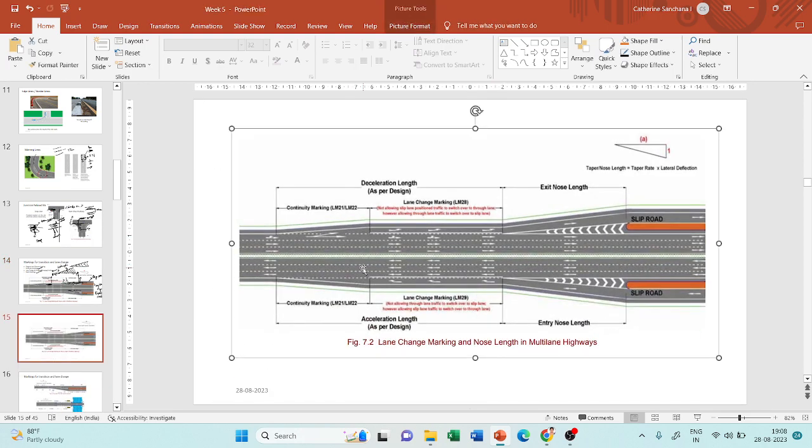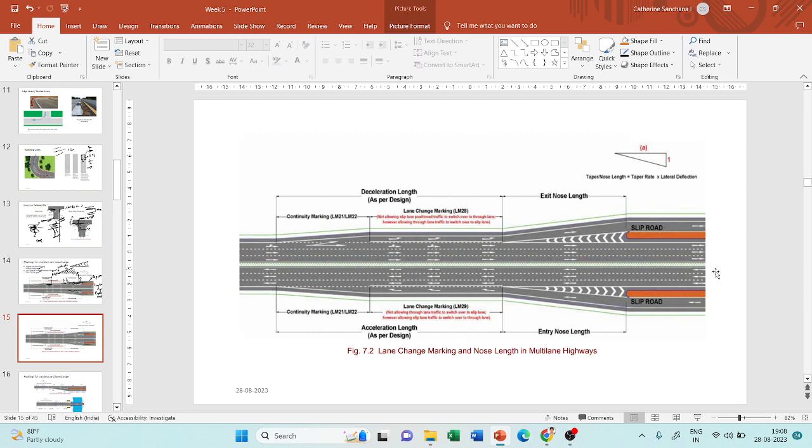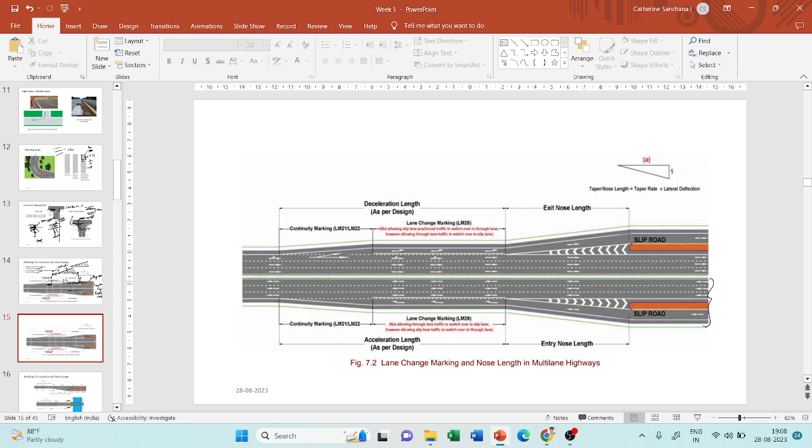If you see, this is a slip road. Now the width of the carriageway is more here compared to here. Which means they are increasing the number of lanes, right? From 3 lanes to 4 lanes, and here the width is even more, right?